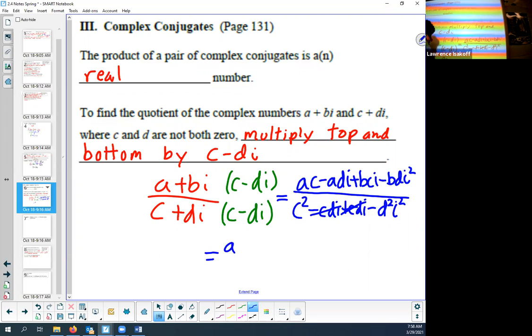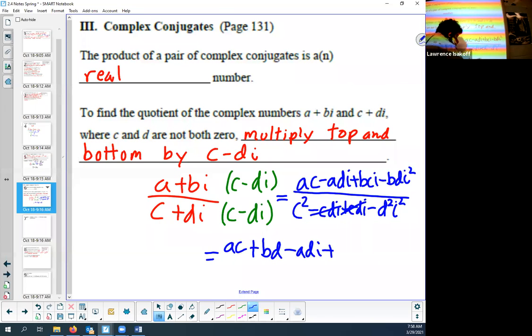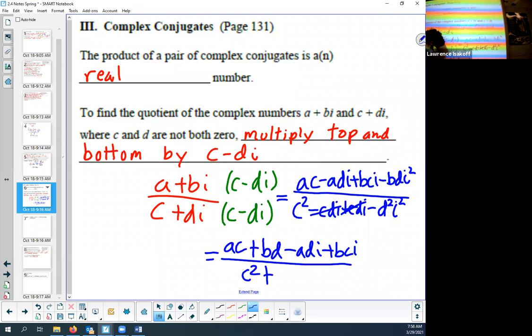So this ends up being AC. Now this part becomes a positive B times B minus AD times i plus BC times i, all over, now this i squared becomes -1, making that a plus, c squared plus d squared.